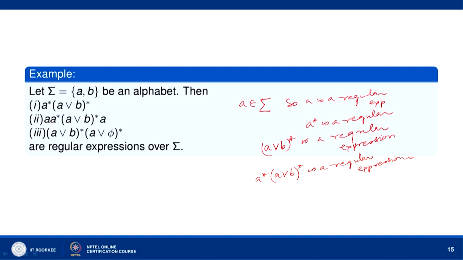Now, here we have a or phi. a and phi are regular expressions. So, a or phi is a regular expression, and therefore, (a or phi) star is a regular expression. So, they are regular expressions over sigma.